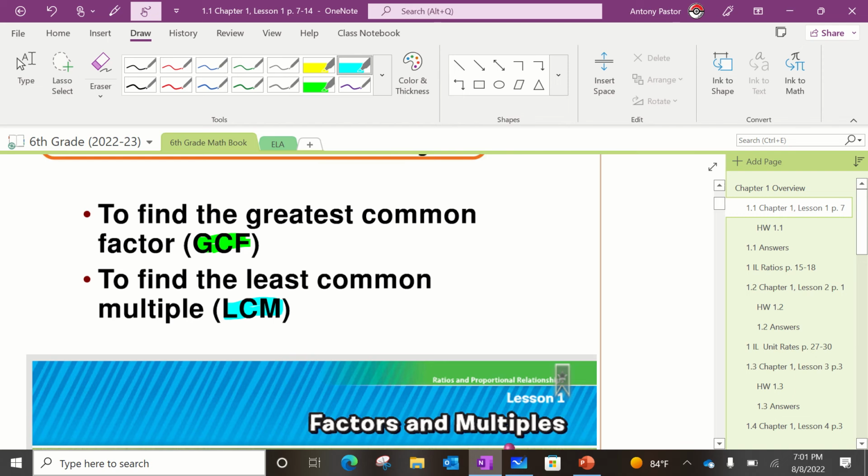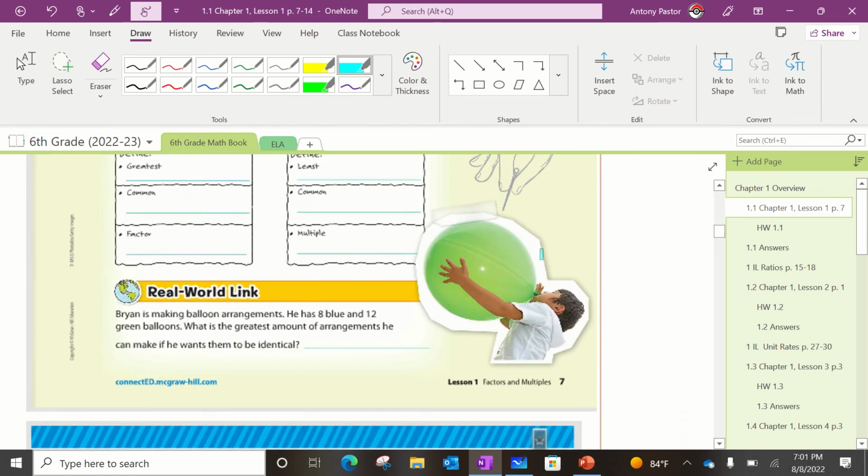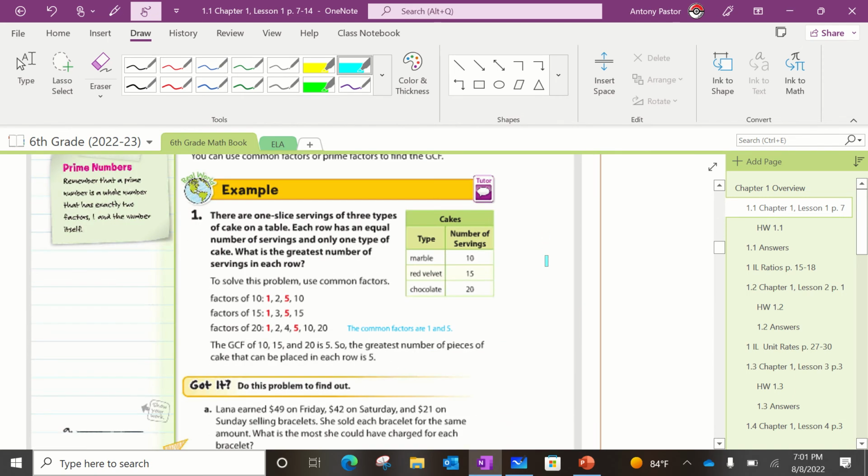Now, going back to the greatest common factors, we are going to have to compare numbers, either 2 or more numbers, to figure out a common factor. So, for example 1, there are 1 slice servings with 3 types of cake on a table. Each row has an equal number of servings and only 1 type of cake. What is the greatest number of servings in each row?